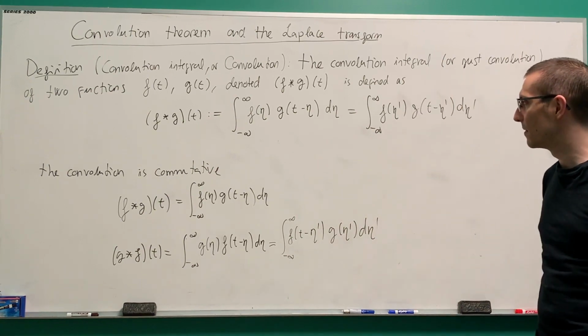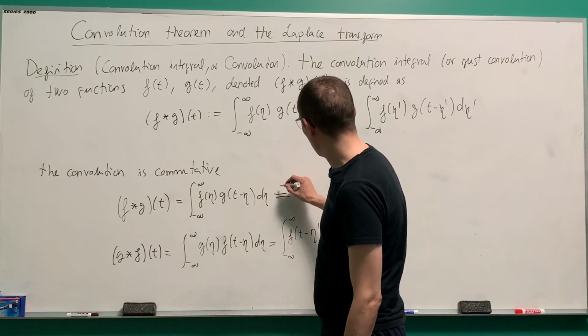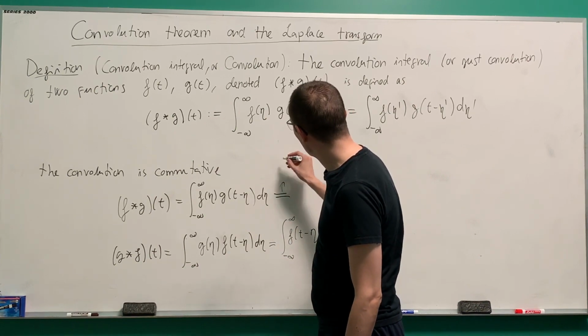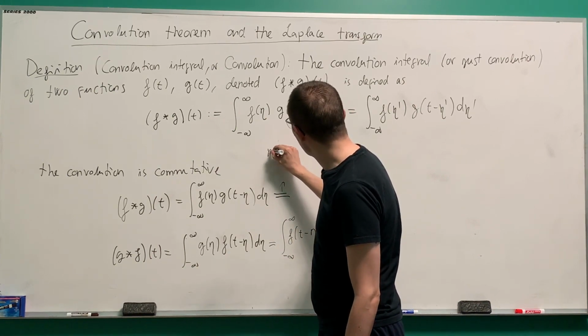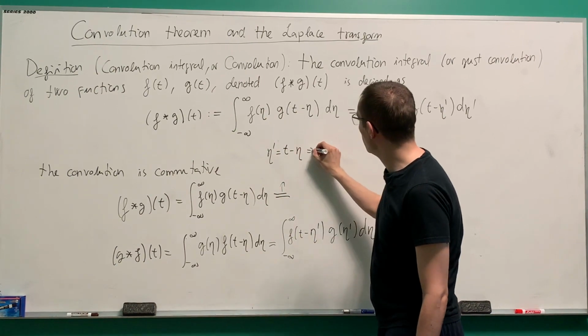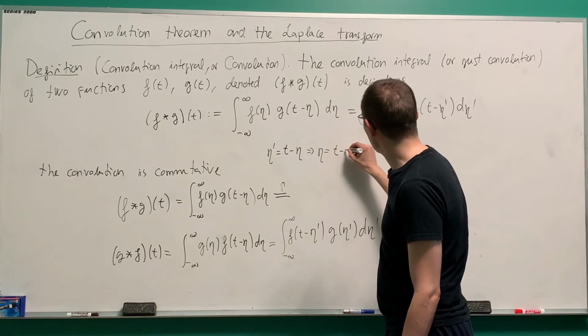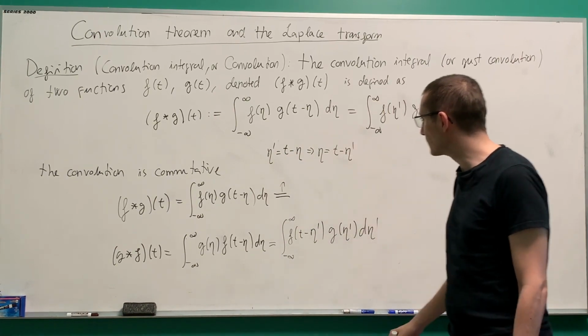Okay, so I can write it. All right, let's work on this one. I'm going to do a change of variables here. Eta prime is t minus eta, which of course means that eta is t minus eta prime, right?